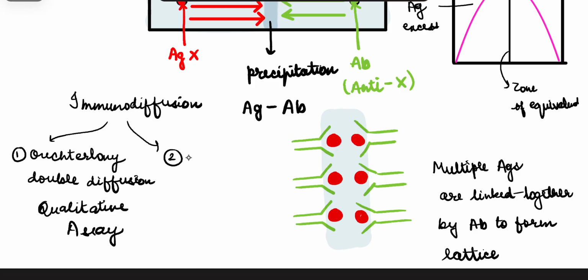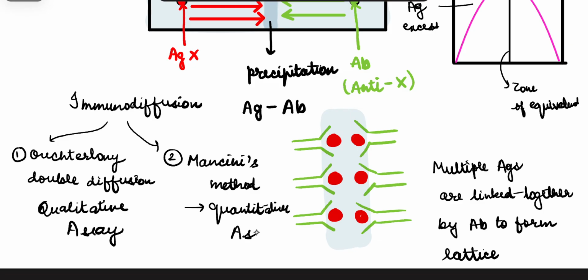Secondly, we have the Mancini's method. This is more of a quantitative assay. Here we can even determine the quantity of the particular substance in our serum, be it antigen or antibody.